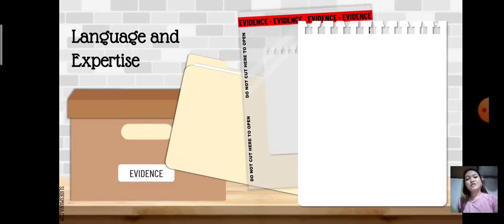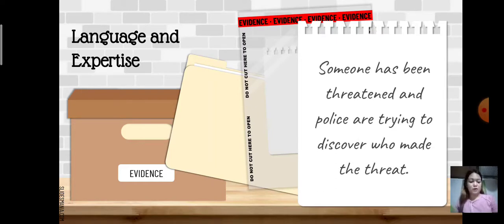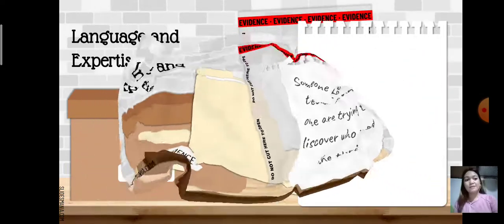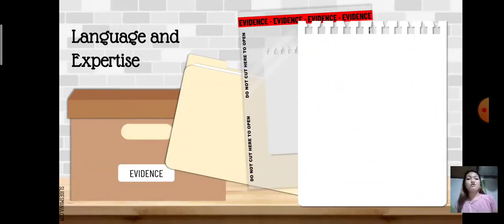Language and expertise. Forensic linguistics is mainly used in these situations. When someone has been threatened and police are trying to discover who made the threat, they focus on examining the texts or written threats.